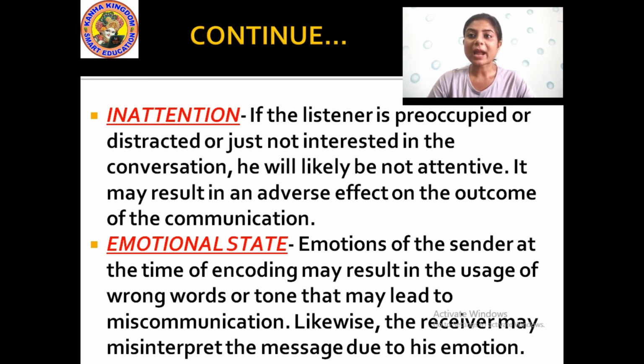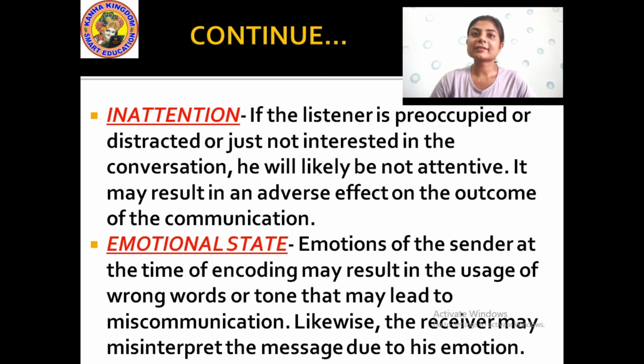Alright? Likewise, the receiver may misinterpret the message due to his emotion. That means if you are not keeping the emotion in mind, the receiver who receives your message might misinterpret it. He might take it in a wrong way, and that will create conflict between two people while communicating. Okay?